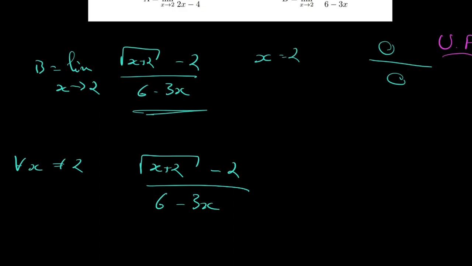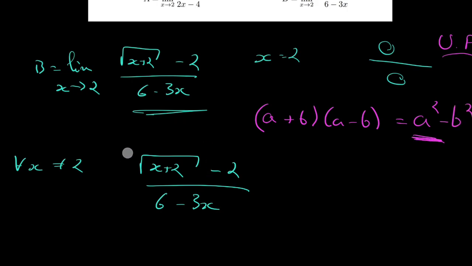Okay, so what we want here is to make this square root disappear, because this is very difficult to work with. And we know that, still using the same identity, a plus b times a minus b is equal to a squared minus b squared. And we want this a squared to get rid of the square root.